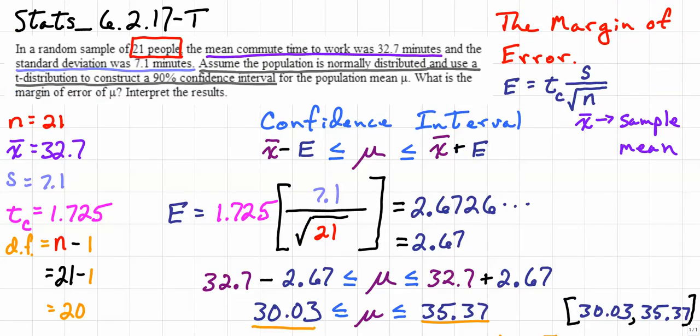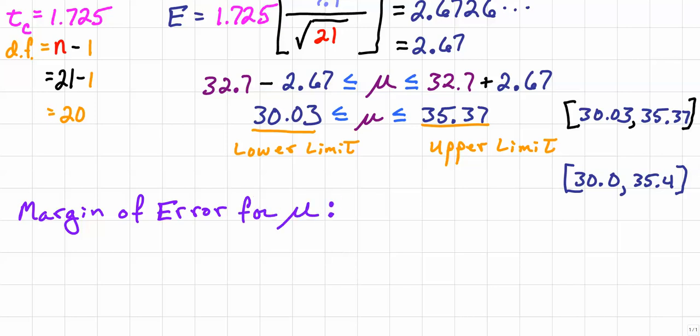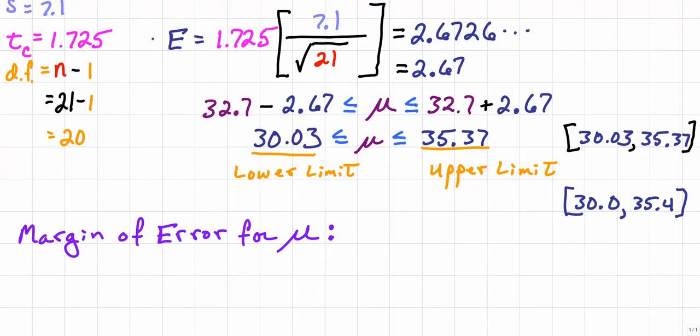That's the first part of the problem. The second part is, what is the margin of error of mu? We did come up with a margin of error, and we simply state that the margin of error for mu is what we calculated for E. In this case it also wants you to round to a single decimal place, and since the E we calculated is 2.67, we will round that to 2.7.